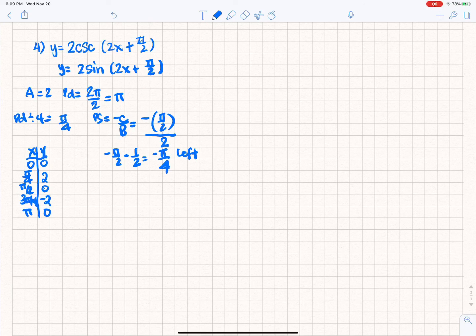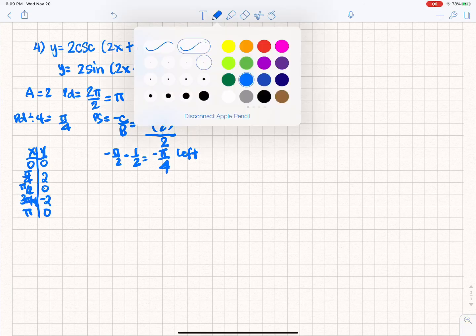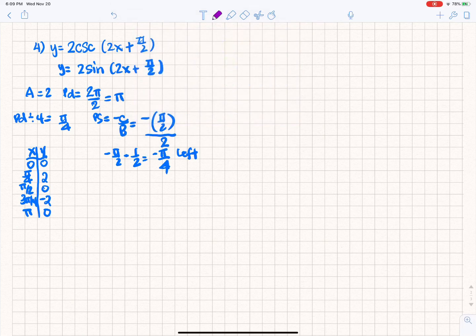Now, let's look at our denominator. Is it the same when we find our phase shift and when we divide the period by 4? It's the same, so we don't need to find the LCD. Okay, let's go ahead and make our graph. We're counting by pi over 4: 1/4, 2/4, 3/4, 4/4.